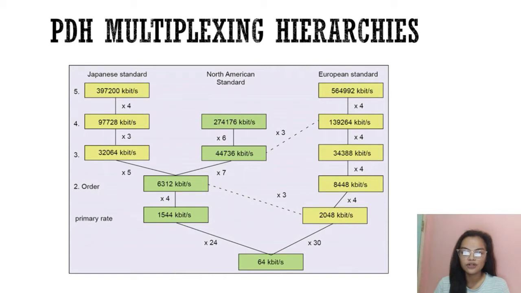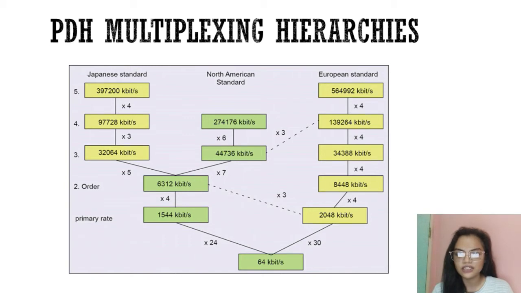differing with one another. It was developed and adopted by Europe, North America, and Japan using different tributaries for multiplexing and demultiplexing. In Europe, PDH adopts bit rates starting with the basic multiplex rate of 2048 kilobits per second with further stages of 8, 34, and 140 megabits per second.